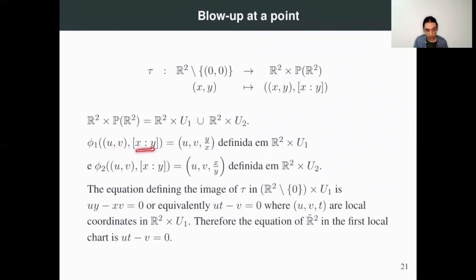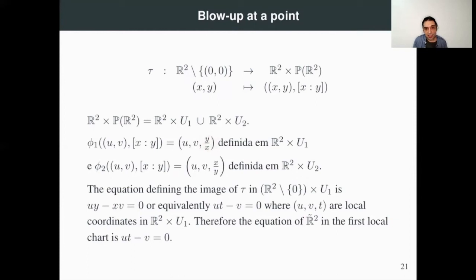And this happens if u times y is equal to v times x. So this is the equation. But of course, we want to write it down in local charts. In local charts, we have that there is a coordinate that is y over x. So we divide here by x, and we get the coordinate, let's call it t.